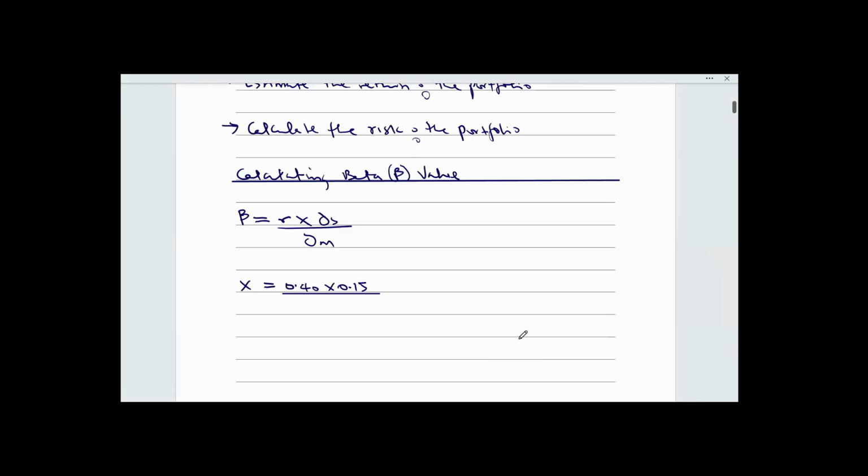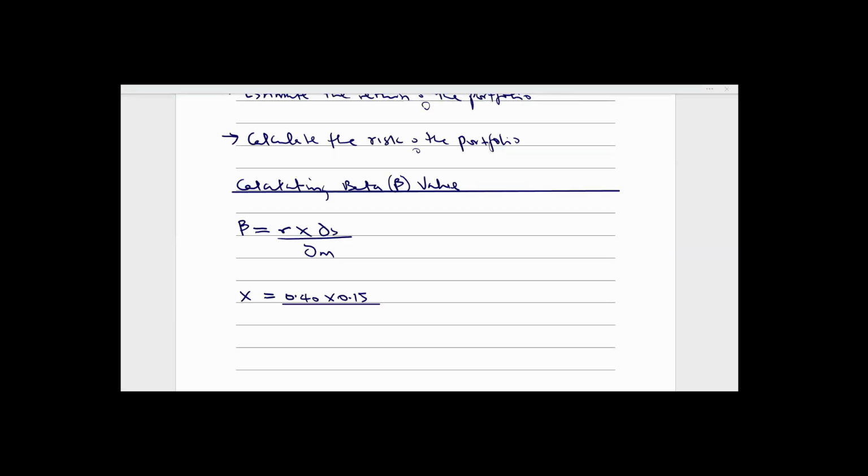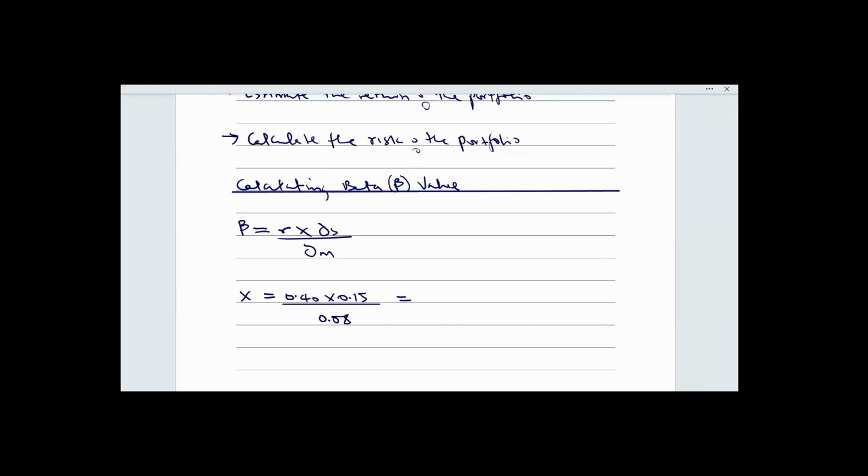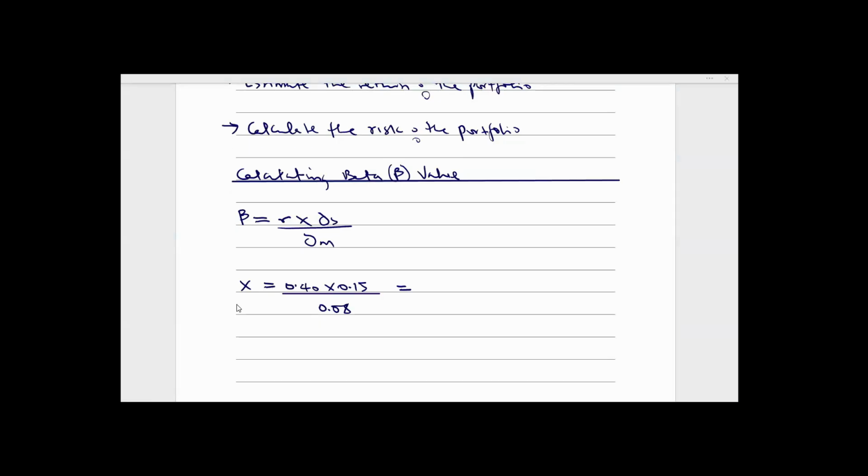Bring out your calculator: 0.4 multiplied by 0.15 divided by 0.08 equals 0.75.